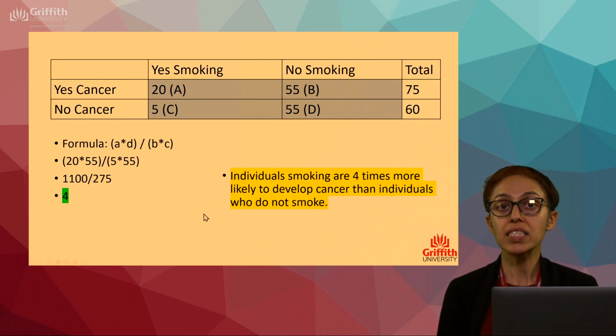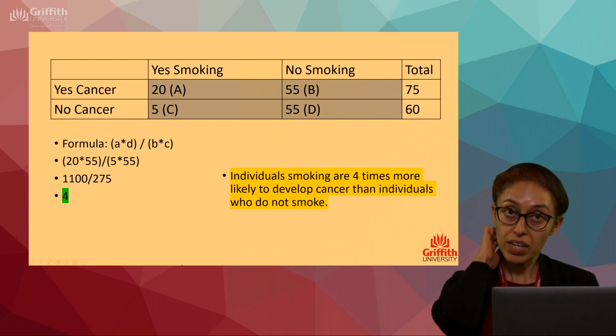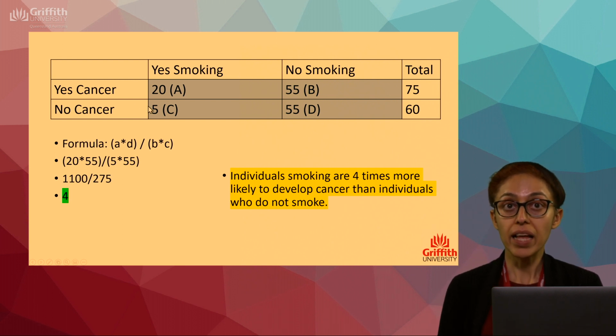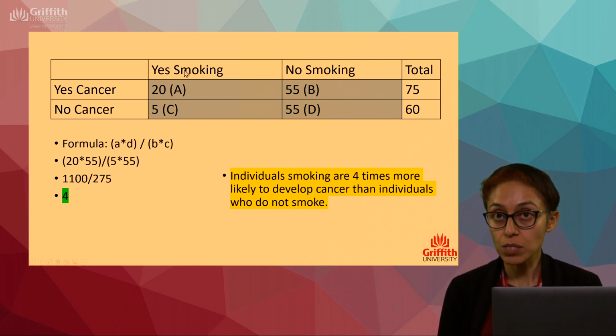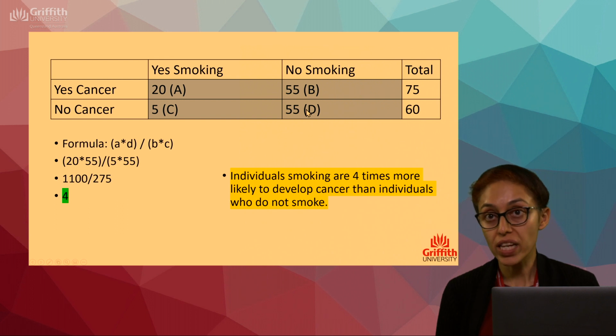So when we look at an example, you have 75 people, and of these, 20 people have cancer and they are smoking. 55 people have cancer but they are not smoking. Then you have 60 people who do not have cancer but they are smoking, and people who do not have cancer and are not smoking as well.